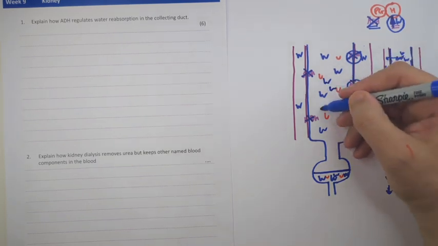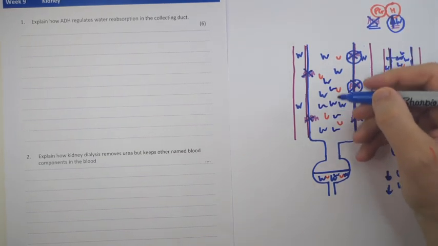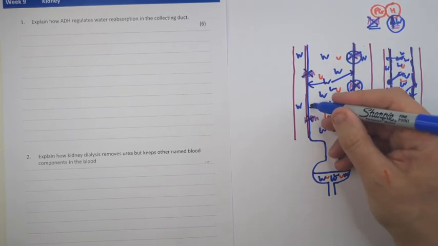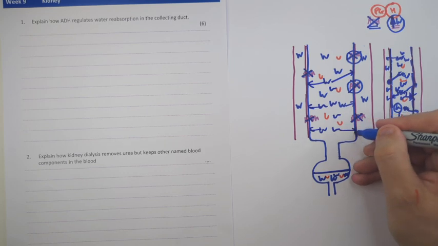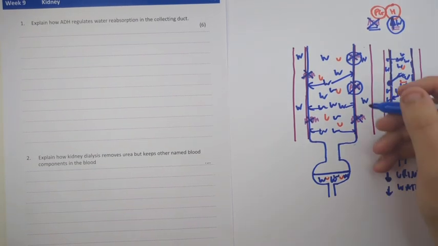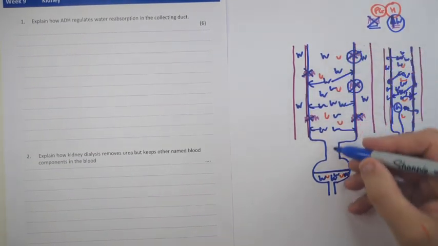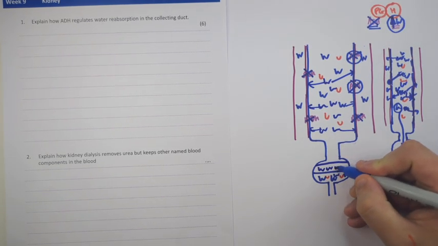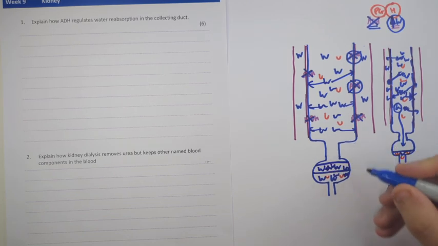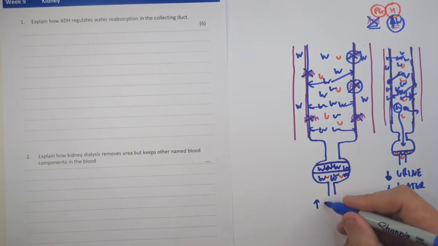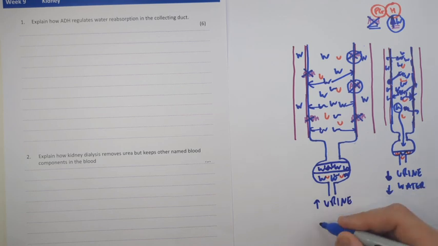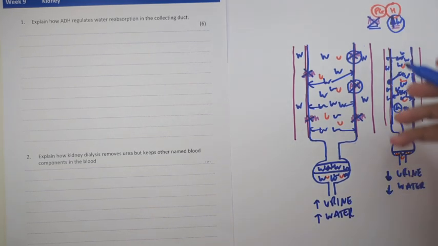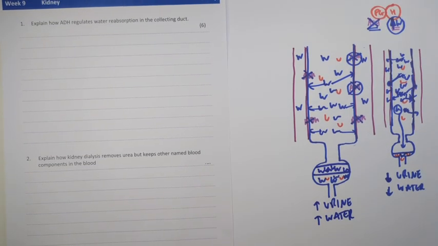So these water molecules, with the urea, are not able to osmose into the blood. Therefore, all of these water molecules are going to enter the bladder. And what's going to happen to your urine levels? Well, your urine levels will increase, because you're going to have more water in your urine because of less ADH.